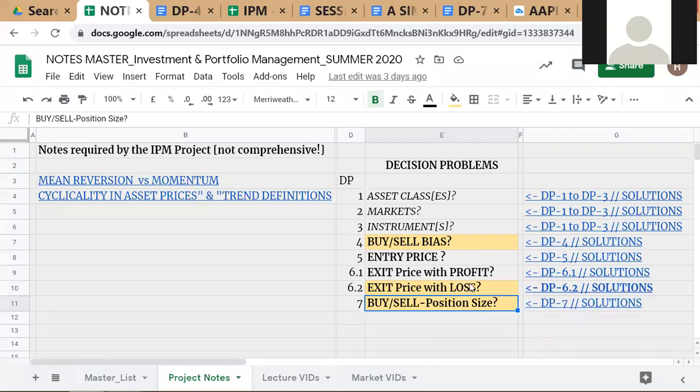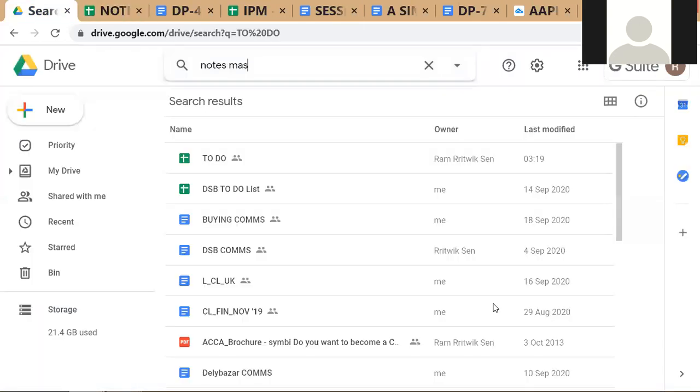Now we also need to make an assumption about DP 6.2, which we have already learned how to do. This is how you come to this buy-sell decision problem.